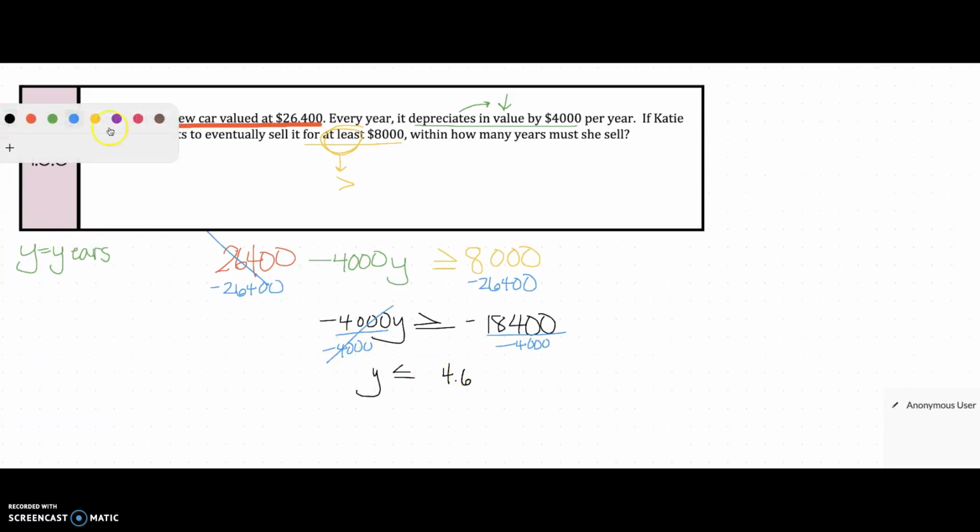So remember, we are talking about a real world scenario. So we are not going to end with this math right here. We're going to end with an actual sentence. So it says, if Katie wants to sell it for $8,000, within how many years must she sell? And so my answer is y is less than or equal to 4.6.